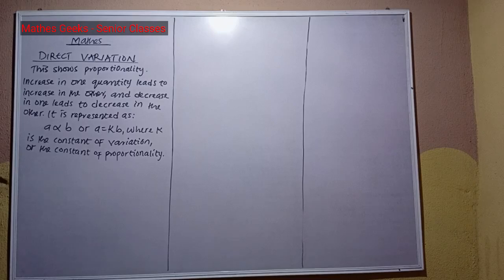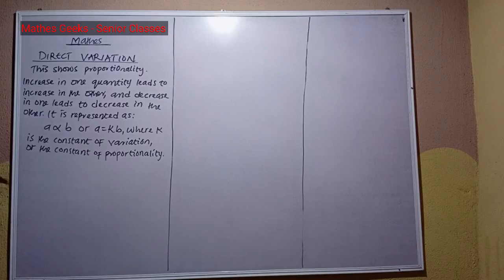And in that same video, we looked at the types of variation. We said that we have direct variation, inverse variation, joint variation, and partial variation. We're going to look at direct variation in this video.